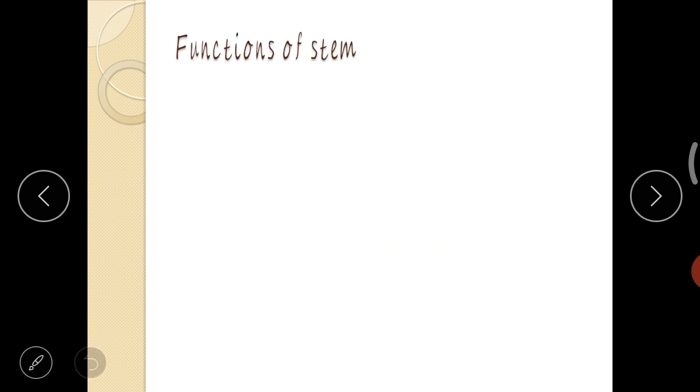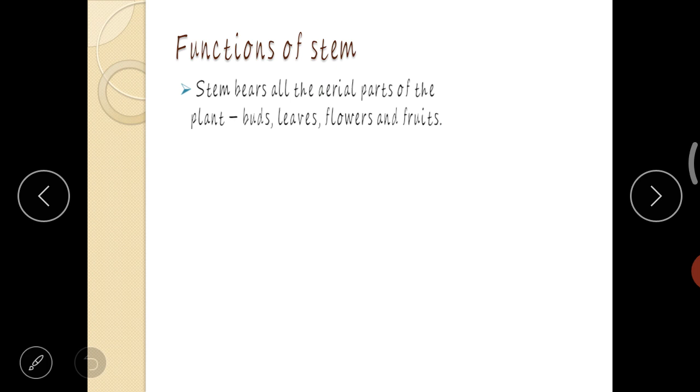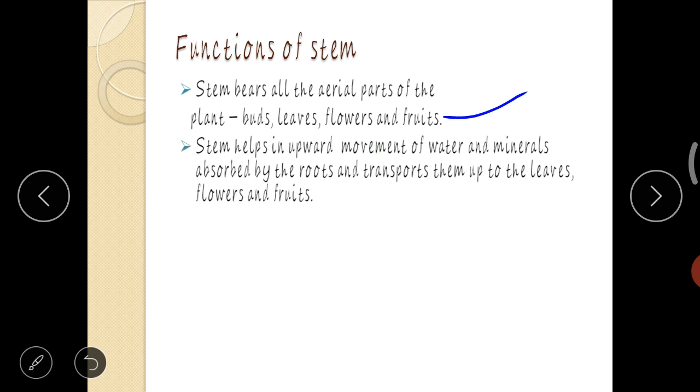Next are the main functions of the stem. The stem bears all the aerial parts of the plant like bud, leaf, flower and fruits. Next, the stem helps in transporting water and minerals from the root in upward movement.